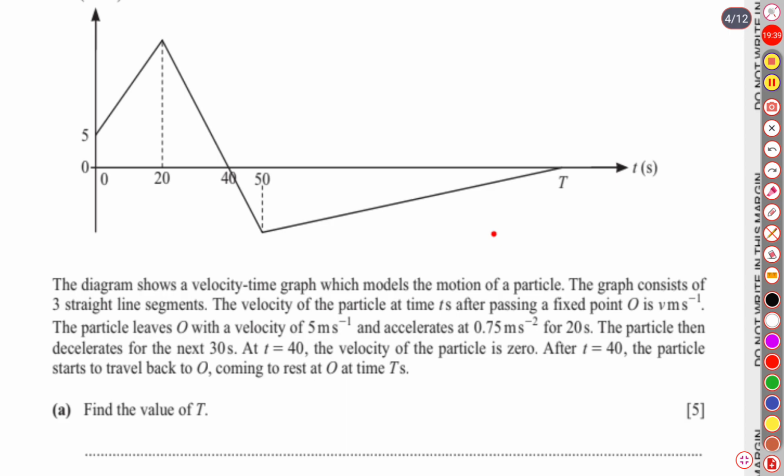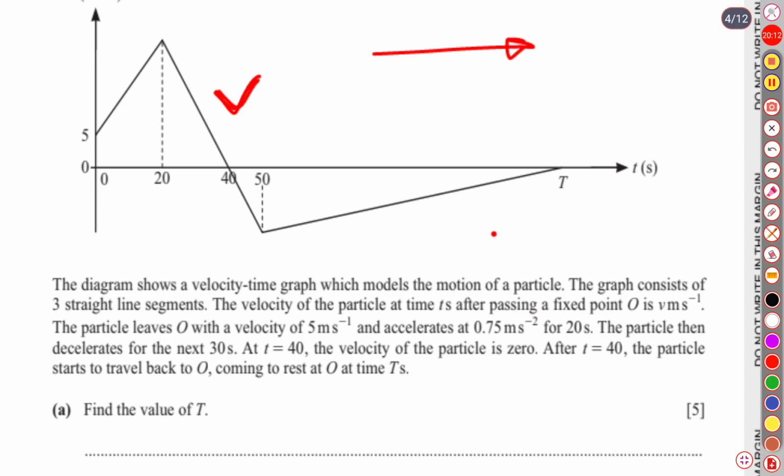The distance traveled in the first 40 seconds must be equal to the distance traveled in the rest of the time, because the particle came back to the same position.